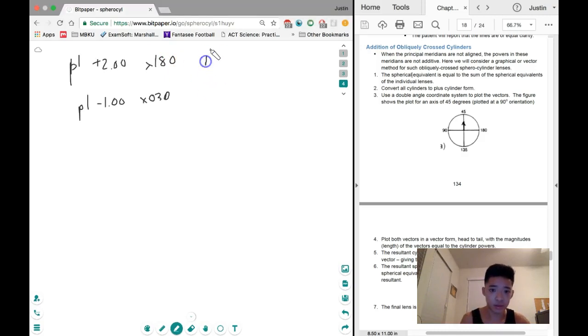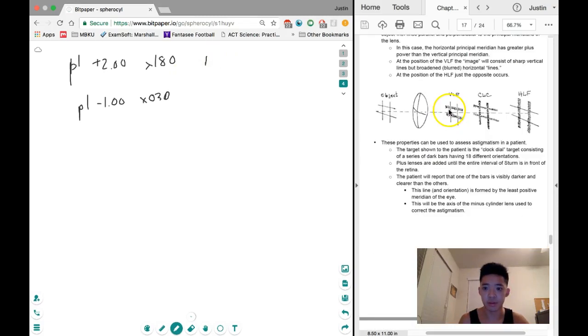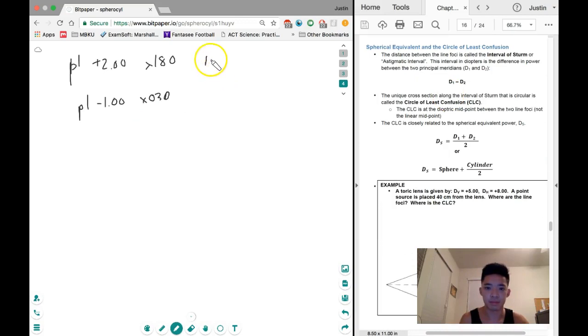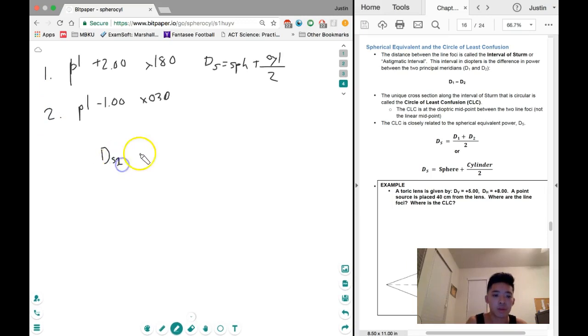If you recall, it's up here: sphere plus cylinder over 2. I'll call this number 1, and this is prescription number 2. So DS1 is equal to plano plus 2 over 2, which equals plus 1.